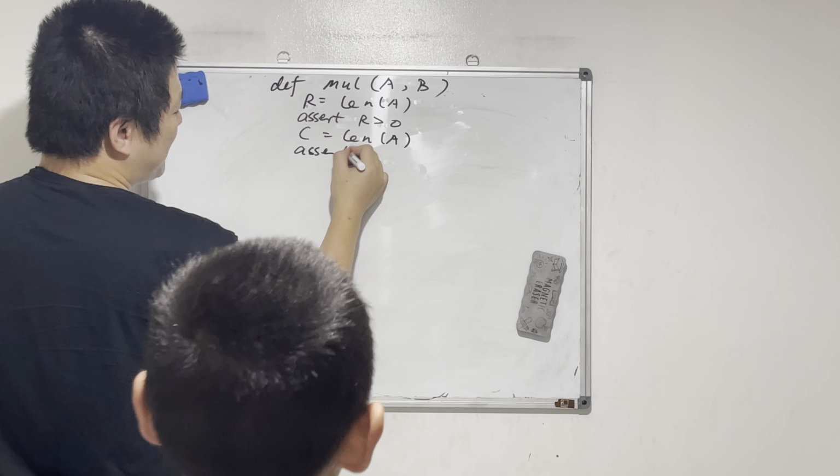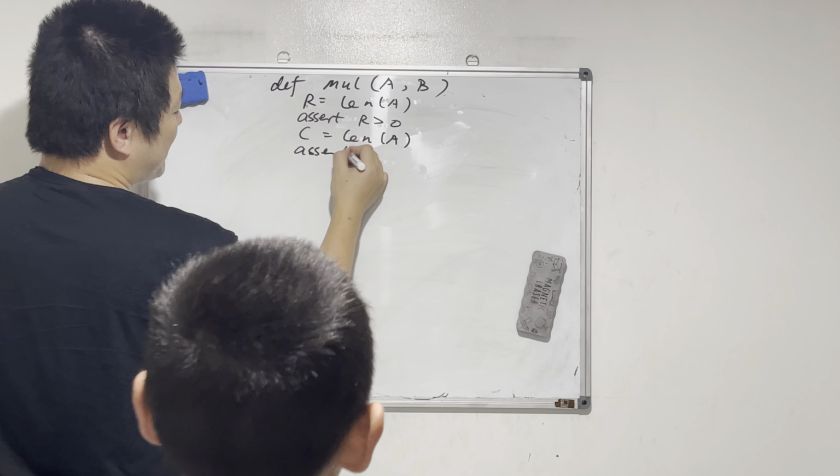And we also need to assert what? This is different. In what cases can A multiply B? A is R times C, and B has length B rows, with columns length B[0].